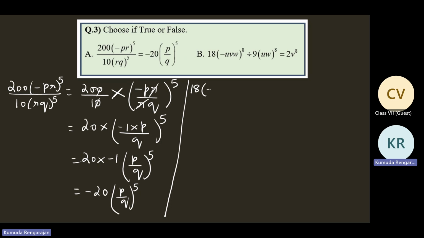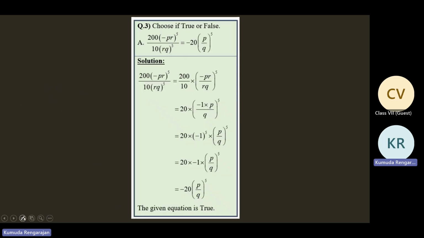So what do we have? 18 into minus U V W, the whole power 8 divided by 9 U W to the power 8. If we get 2 V to the power 8, it's true. Otherwise, it's false.